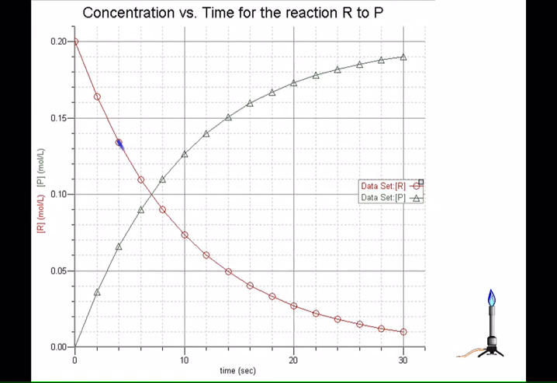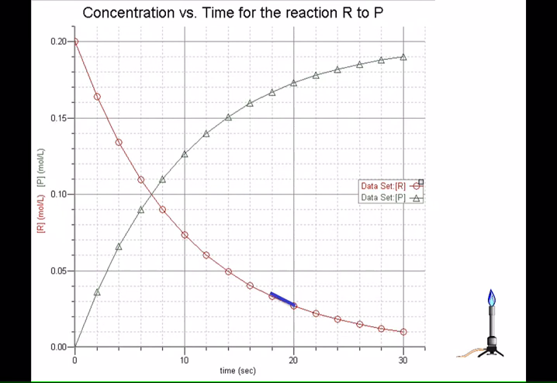So let's go down the road. This looks like 2 to 4 seconds? Wait, 4 to 6 seconds. Final answer. Does that look right? Okay. 10 to 12. 18 to 20. Now, if you compare that, what's happening to the slope?